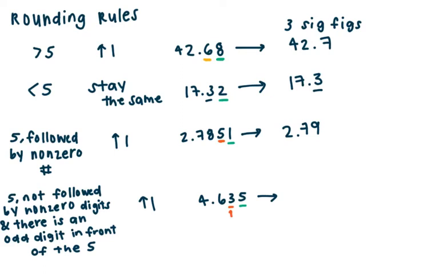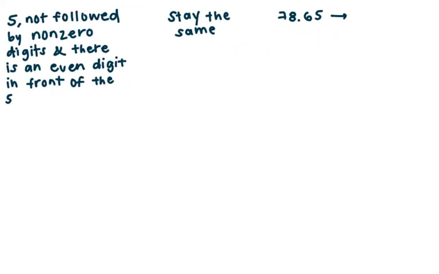So that means when I round, I'm going to get 4.64. 5 not followed by non-zero digits, and there is an even digit in front of the 5. Means you're going to stay the same. So here's 5. This digit is even. So we're just going to stay the same. So our answer will just be 78.6.